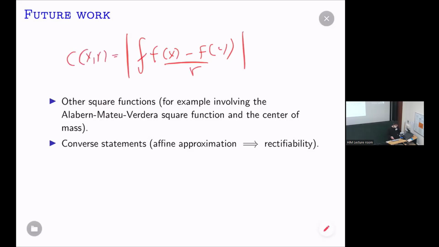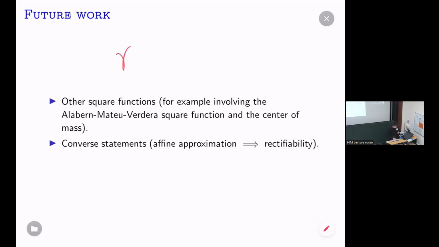And then one could define a gamma f, like in our case, with that square function, plus of course we need something that picks up the geometry, but here one could put the center of mass of the set. And in this case, it would be interesting because this square function would not have a linear structure to it.